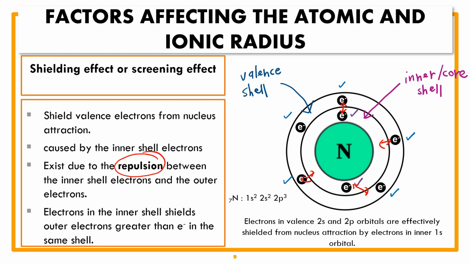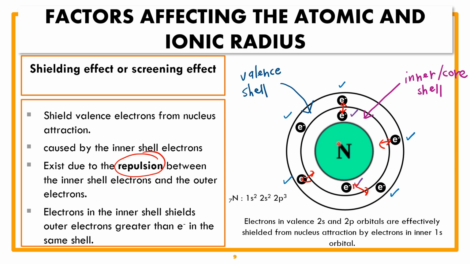So this kind of repulsion akan membuatkan valence electron dan juga valence orbital ini expand keluar, menjauhi the nucleus. So apabila kedudukan valence electron and valence shell jauh daripada nucleus, maka daya tarikan between these two akan menjadi kurang ataupun lemah.